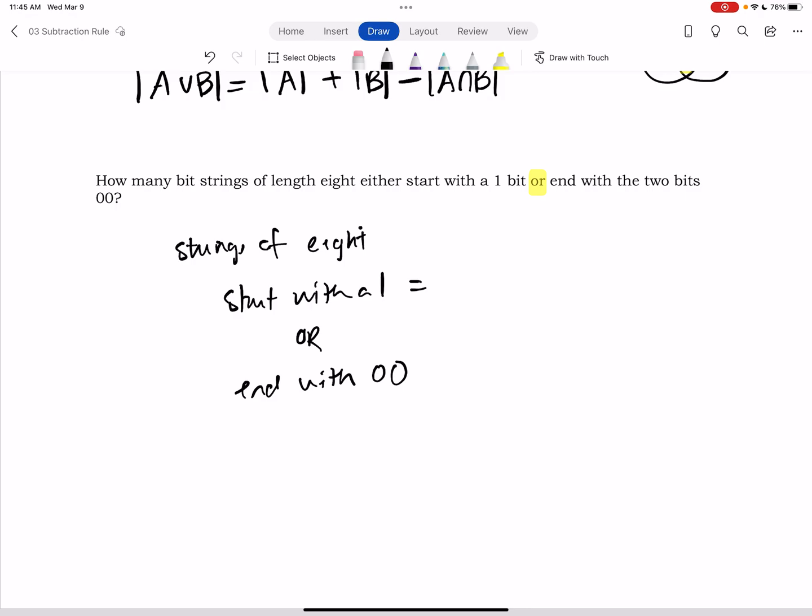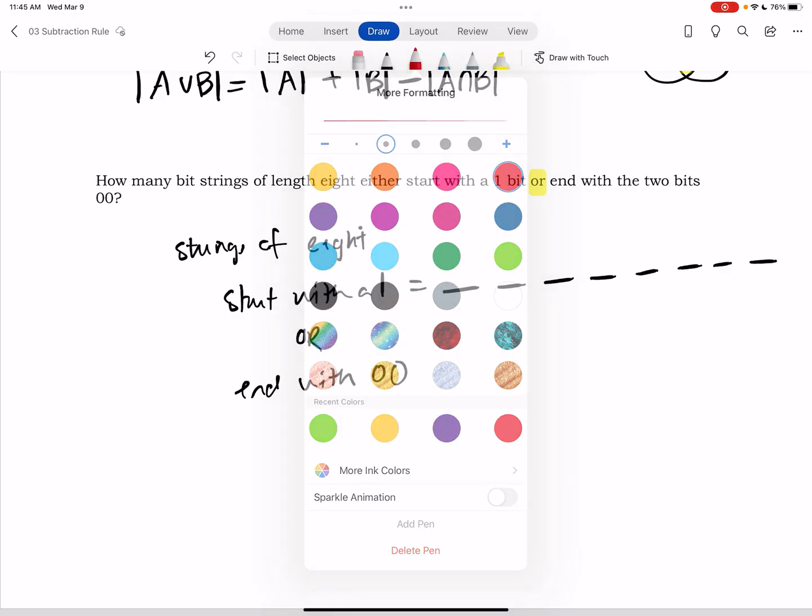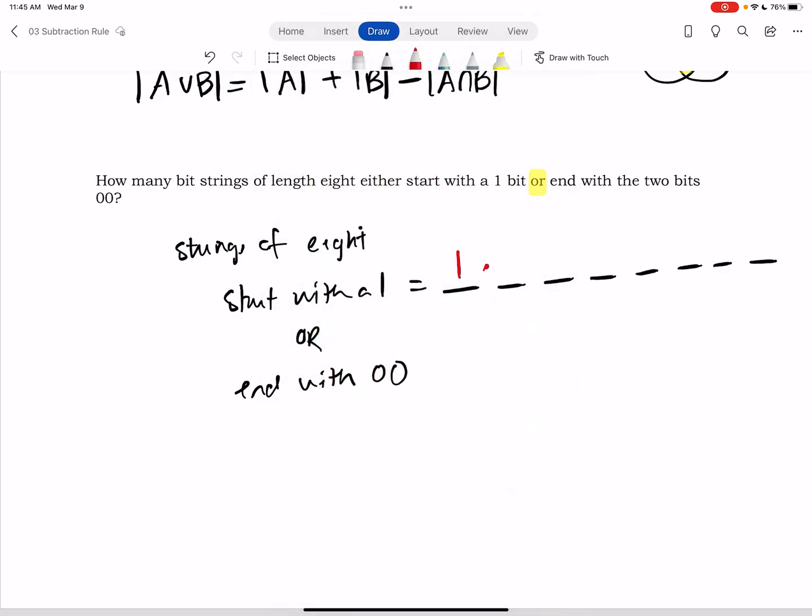Okay, so if I'm going to do this, I have 8 spots. I want to put a 1 in this first spot. Times. Remember, a bit string is a string of zeros and ones, so there's only 2 choices for each spot. I can put whatever I want in these last 7 spots.